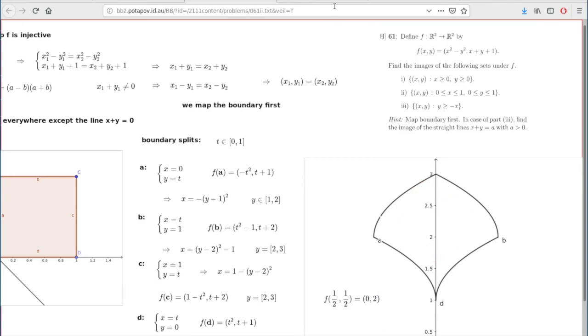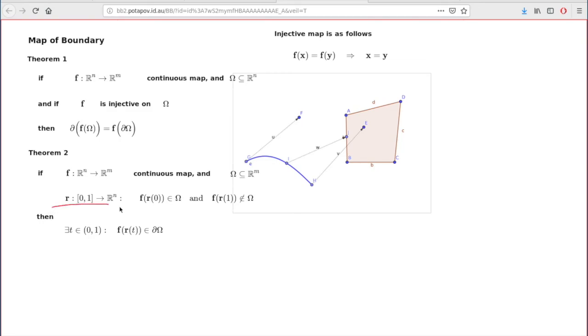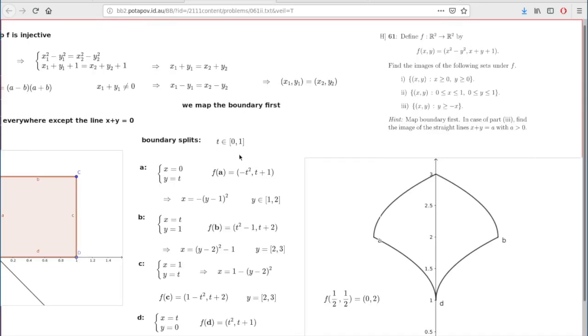Now, if I switch back to this result right here, that's what we need to mention now, because this result tells you that interiors go to interiors. What I'm trying to say is that any other point within the square, even if we're not going to compute f for those points, will also go inside this spade-like shape.